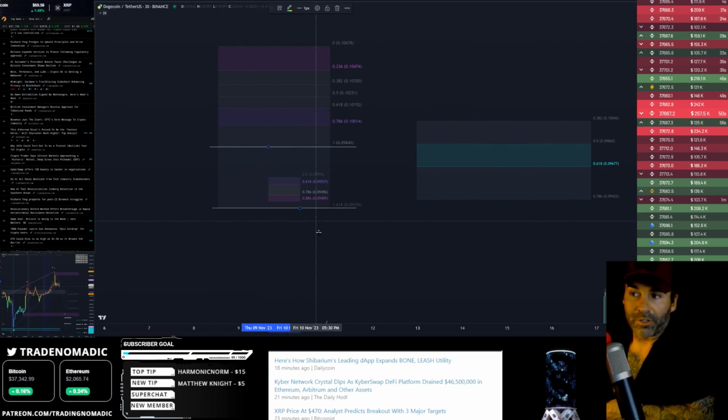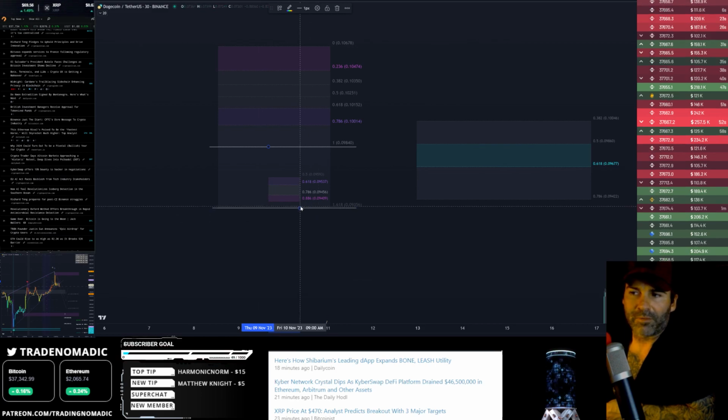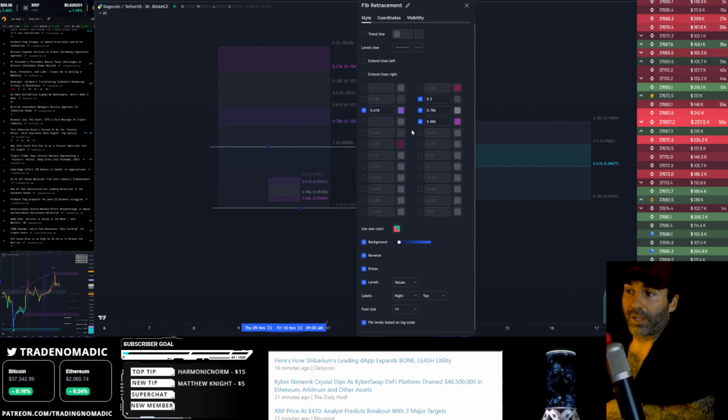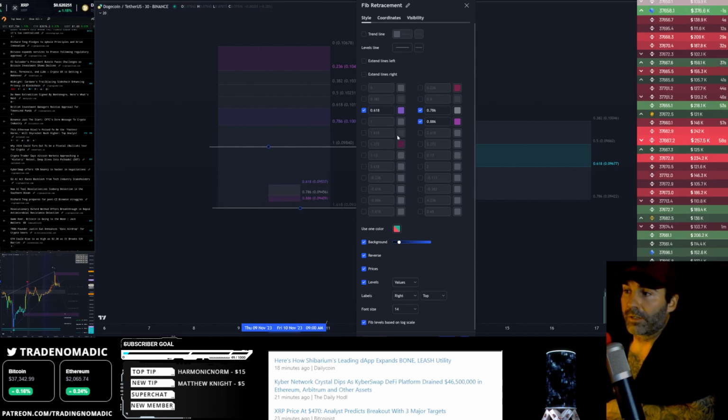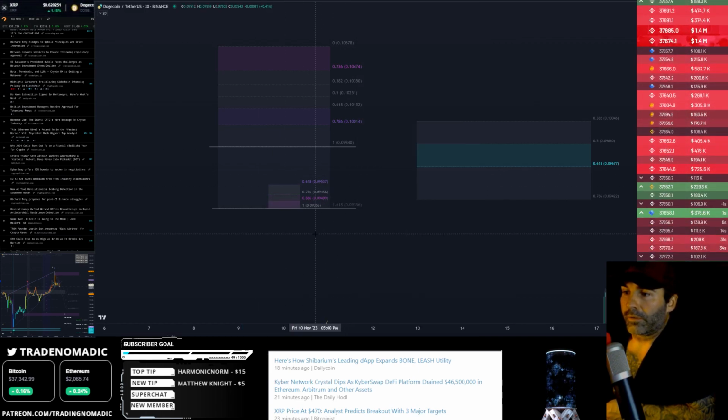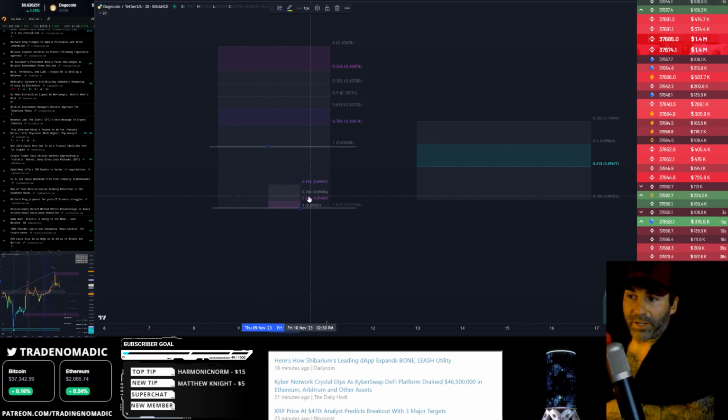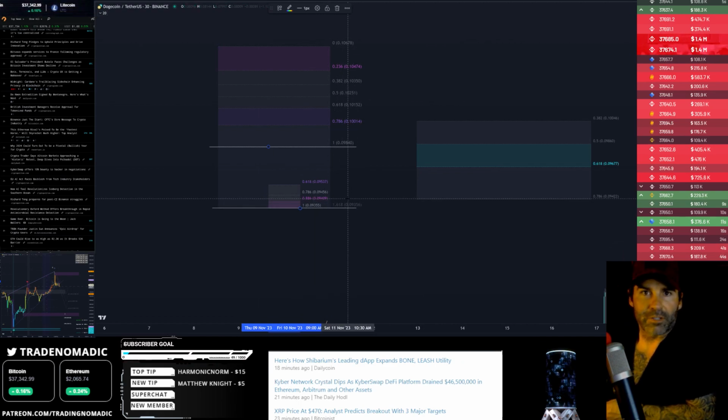Because if you're expecting the 1618 to get hit, obviously you're going to want your stop loss lower. Or maybe you could set it up, say, buy the 618, buy the 786, buy the 886, and then buy your actual target with, again, the heaviest weighted position being all the way down here.